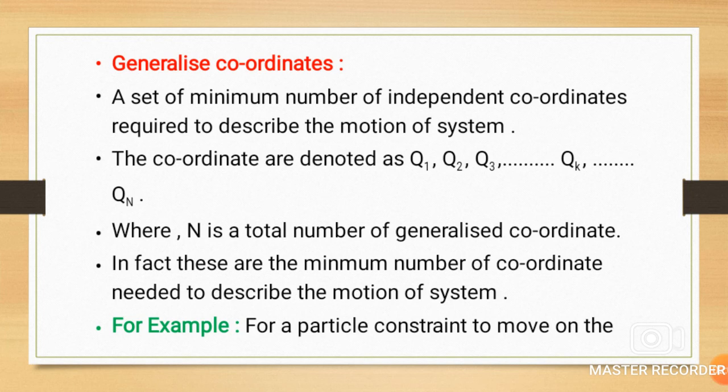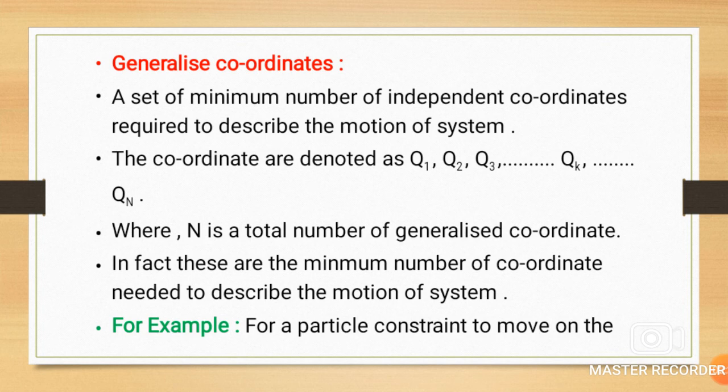The coordinates are denoted as q1, q2, q3 and so on up to qk and so on up to qn. That means suppose we take a particular set of coordinates which help us to describe the system. So let's say q1, q2, q3 up to qk, the middle one of q1 to qn, and so on, then again qn, where n is the total number of generalized coordinates.